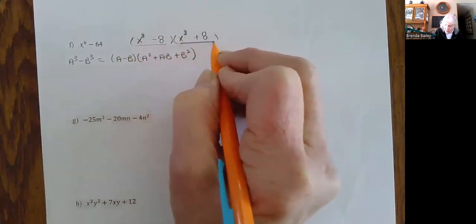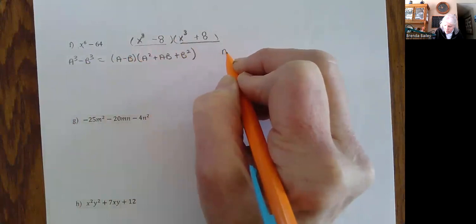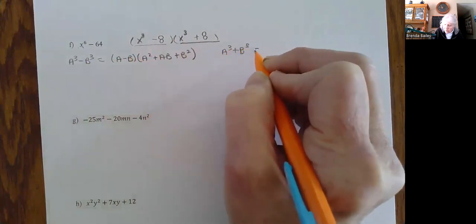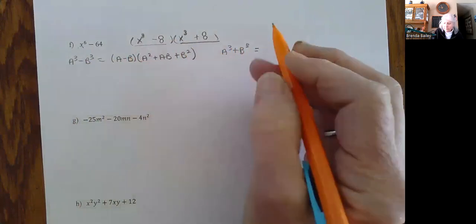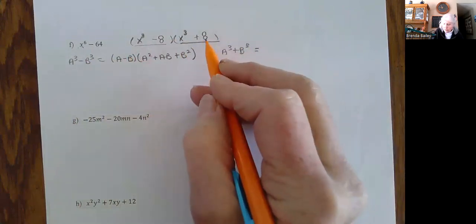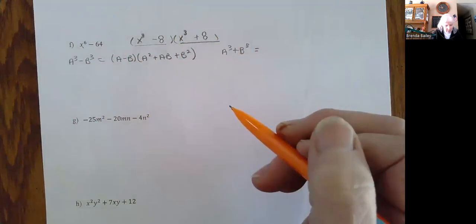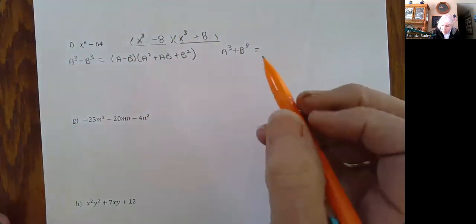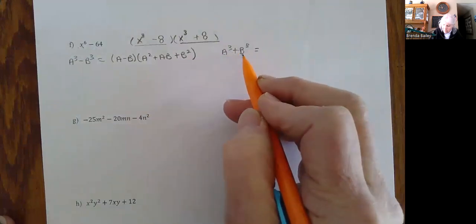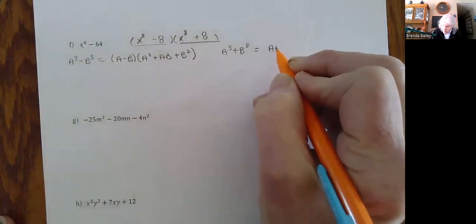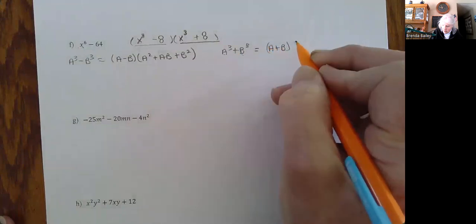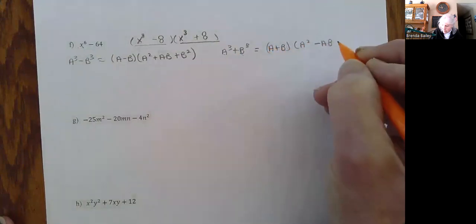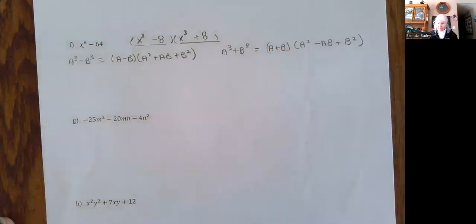This one is the sum of 2 cubes. We can't do the sum of 2 squares like we did on the previous page with the x squared plus 4, but you can do the sum of 2 cubes. And that's a plus b, a squared minus ab. Got to have a negative somewhere in the formula. It's only one.